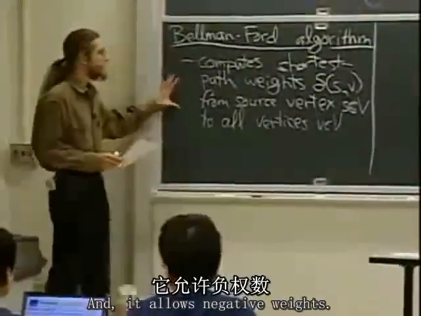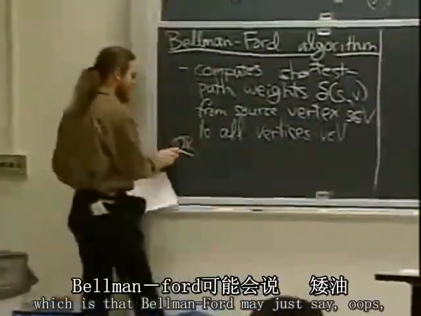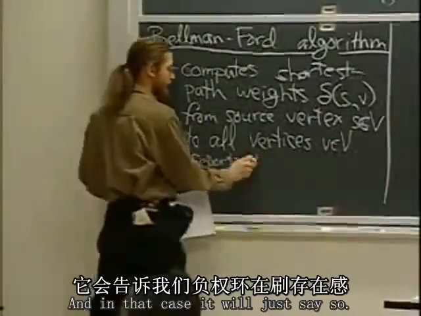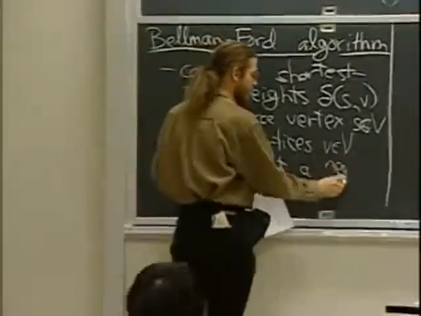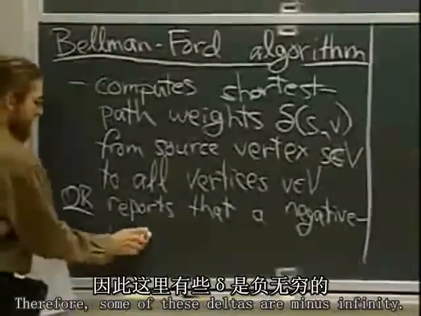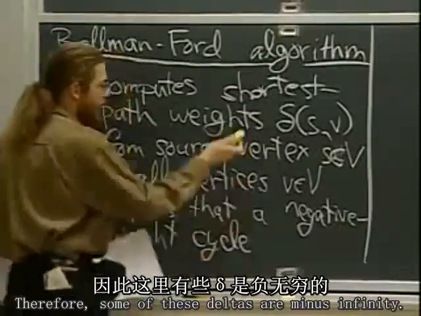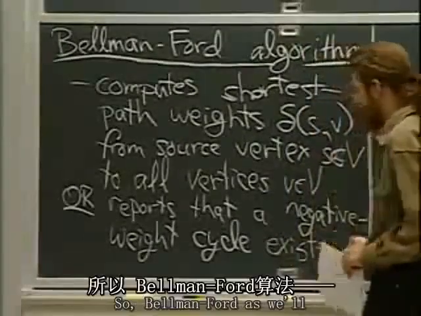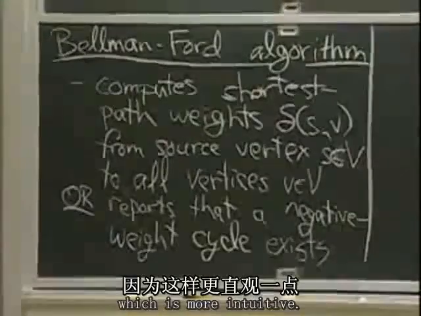And it allows negative weights, and this is the good case, but there's an alternative, which is that Bellman-Ford may just say, oops, there's a negative weight cycle. And in that case, it'll just say so. So say a negative weight cycle exists. Therefore, some of these deltas are minus infinity, and that seems weird. So Bellman-Ford, as we'll present it today, is intended for the case where there are no negative weight cycles, which is more intuitive.